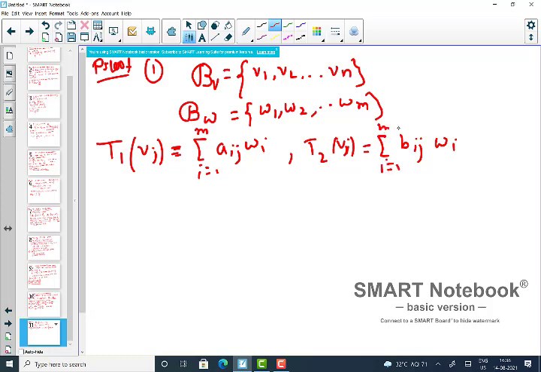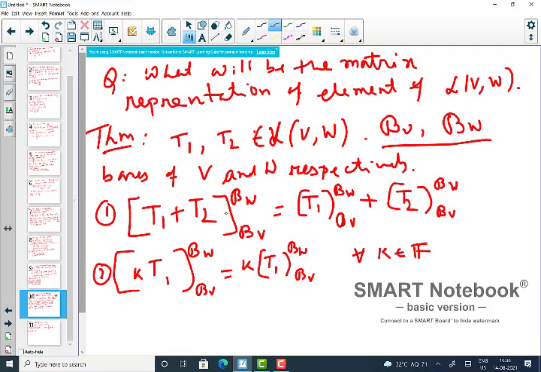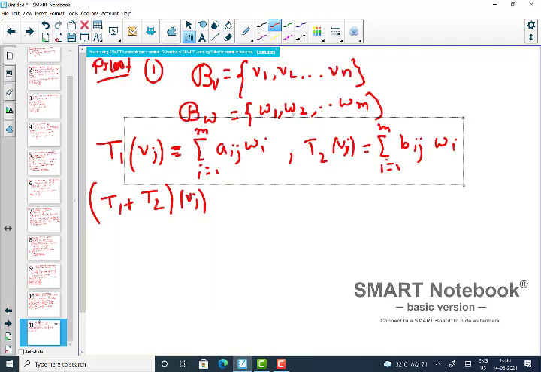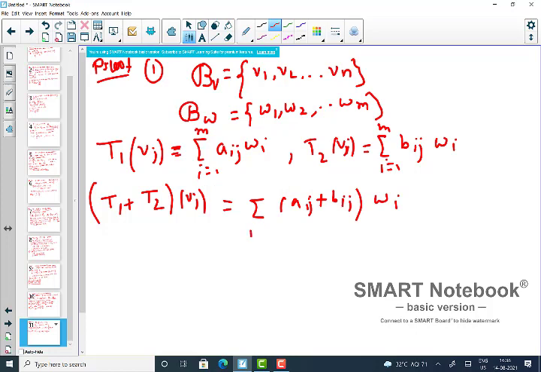Now with the help of these two things, what do you know? When you add the two maps T1 and T2 and evaluate at the point Vj to find the matrix representation, you need to add at that point, right? So this will be the addition of these two identities, and that will be nothing but the summation of Aij plus Bij, i equal to 1 to m.